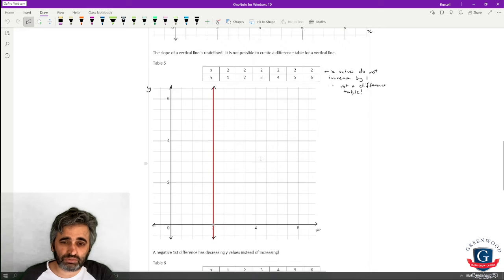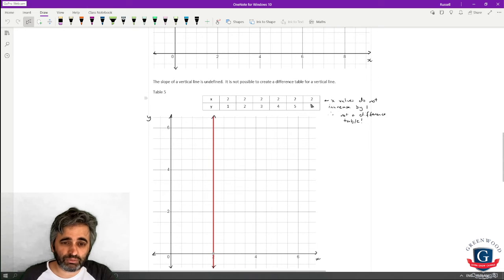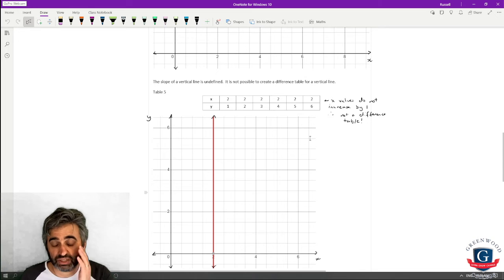But a vertical line's a little bit different. We can't represent a vertical line inside a difference table because there are no values for anything but x equals 2. So if we had x equals 2, put 1 here, there's no value on the line, it would be undefined.